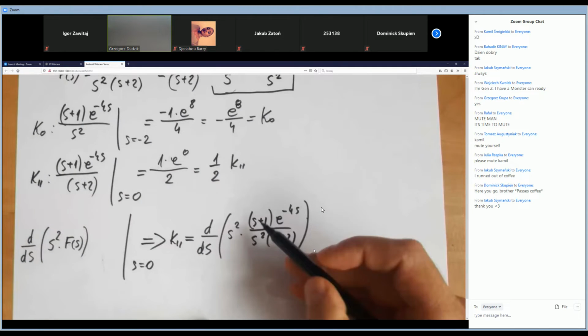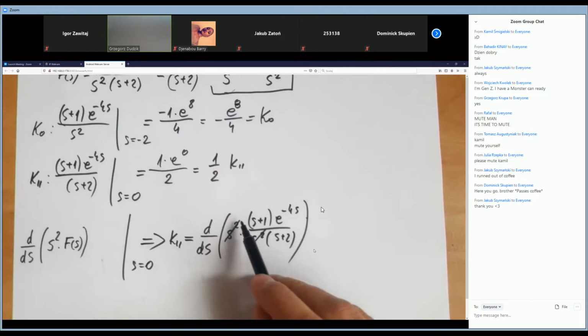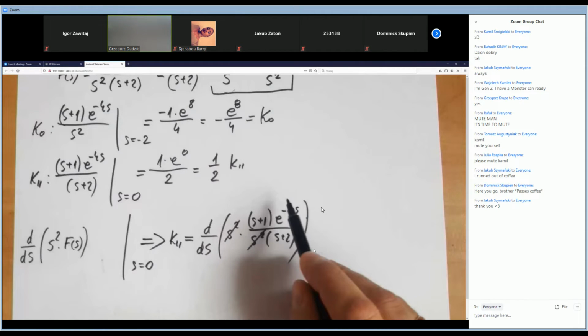As you see, the s squared will be reduced, and we have to calculate the derivative of this expression.